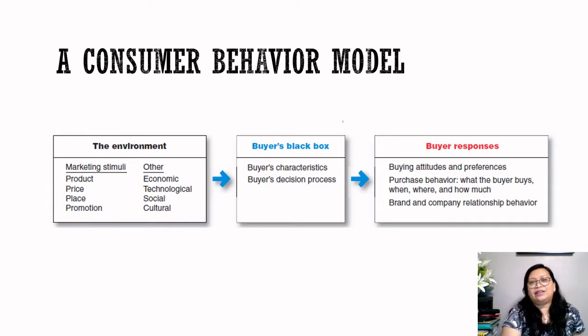Other stimuli include major forces and events in the buyer's environment, like economic, technological, political, and cultural forces. All these inputs enter the buyer's black box, where they are turned into a set of buyer responses, which could include the buyer's brand and company relationship behavior, and what he or she buys, when, where, and how often.